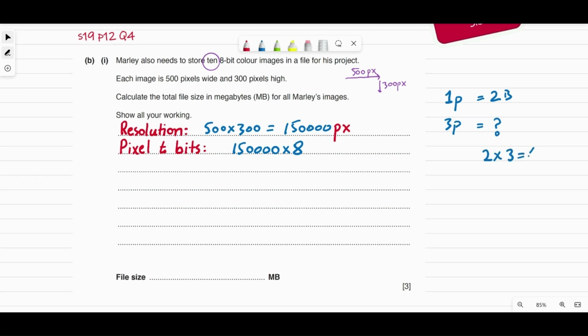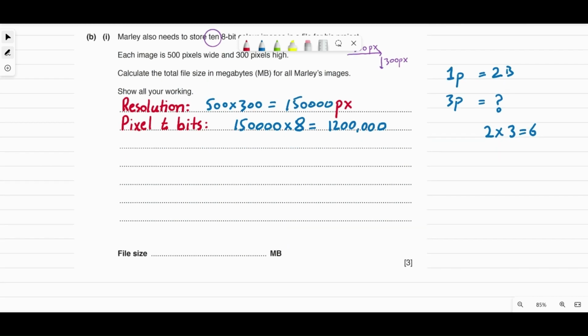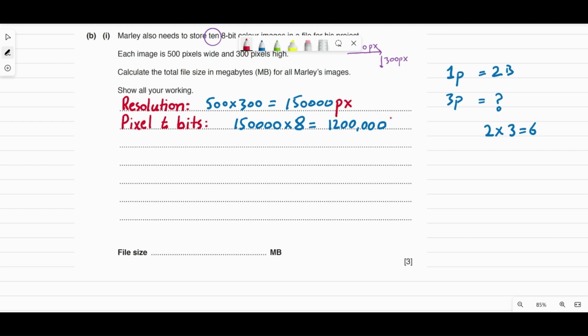Same as we have done here: 8 bits per pixel, how many for 150,000 pixels? 150 into 8 is equal to 1,200,000. Making sure there are 5 zeros, yes, there are 5 zeros. Fine. Never forget the unit. This is the proper way to do this kind of question, so you never get distracted.